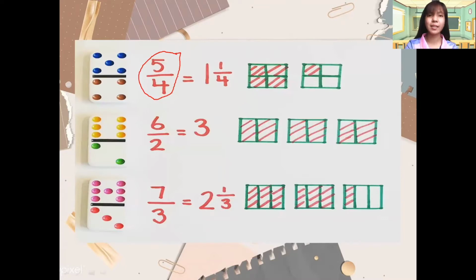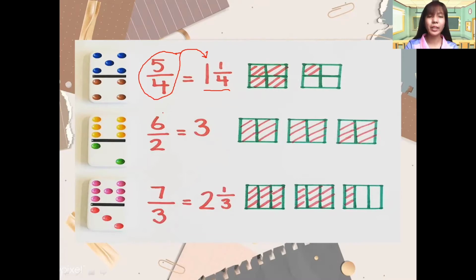If your answer is an improper fraction, then you have to make it into a mixed number. This will be the final answer. So how many 4s are there in 5? It's 1, right? And then what's the number left? 1. And then copy the denominator, alright?